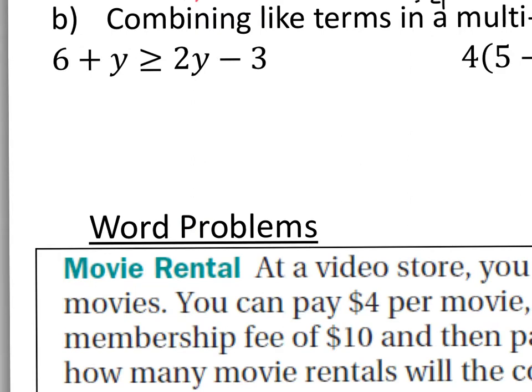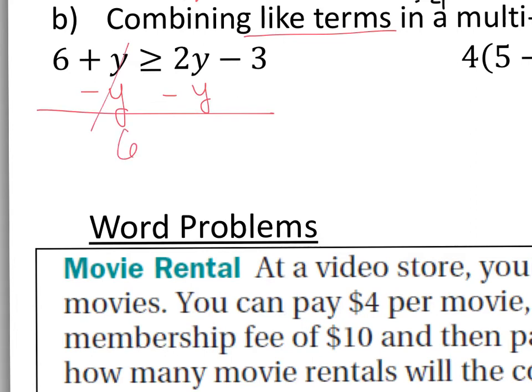Now in part B, we're going to combine like terms in a multi-step inequality. So again, same thing as solving an equation that involves like terms on both sides of an equation. I'm going to subtract y to both sides of the inequality.